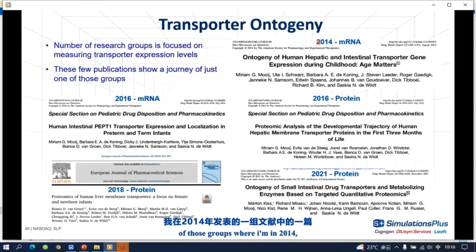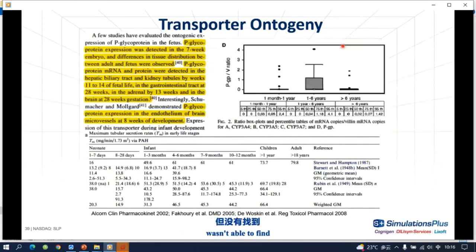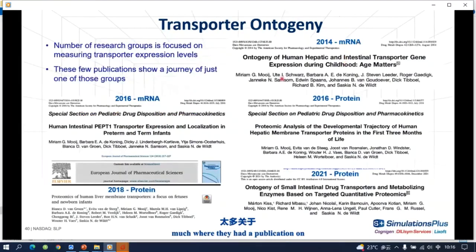In 2014, just about a year after I was trying to put this presentation together and wasn't able to find much, they had a publication showing the hepatic and intestinal ontogenies based on the mRNAs. In 2016, two publications from the same group, one still focusing on mRNA, but the other one now looking at the protein expressions. And this was focused on the hepatic transporters.